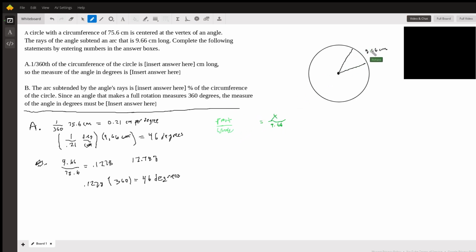So the part of the circumference is 9. Yeah, let me just rewrite this thing. Also, I got the wrong shade of green there, so let me fix that as well. It's worth spending the time here because it's so much easier. Just think of it as part is to whole.